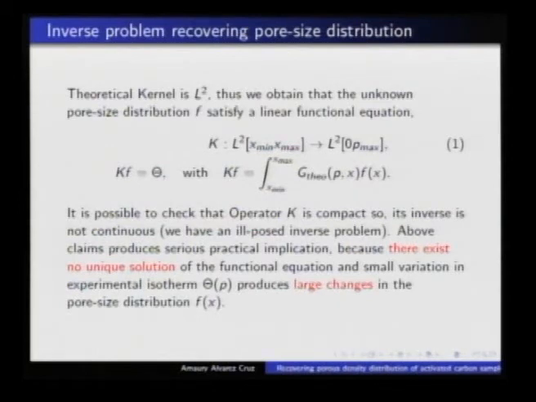So its inverse is not continuous. We have then, with this operator equation, an ill-posed problem. The above claim means that we don't have a unique solution, and a small variation in the isotherm, which is expected, produces a significant change in the porous size distribution. This is bad for chemical analysis because you need to obtain one solution that represents the porous medium.